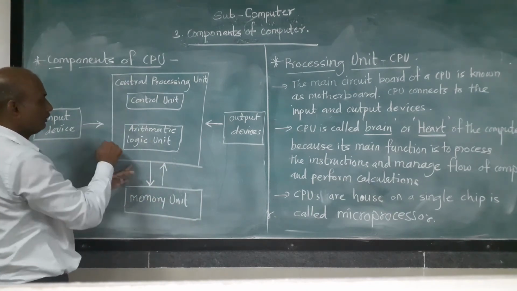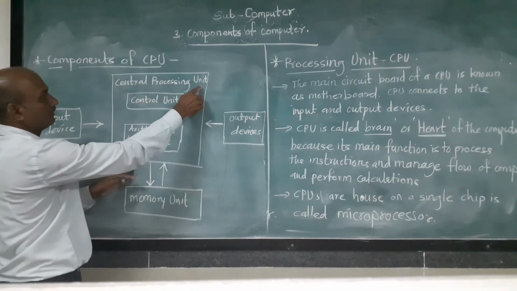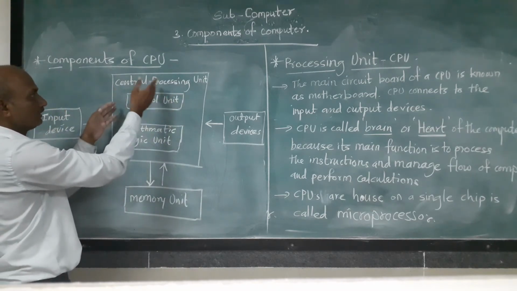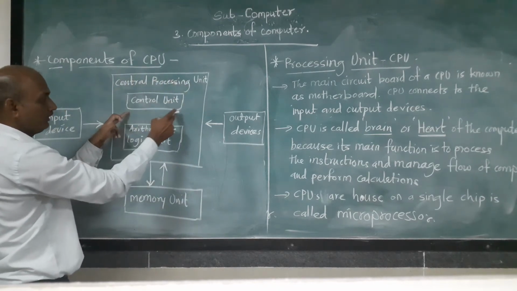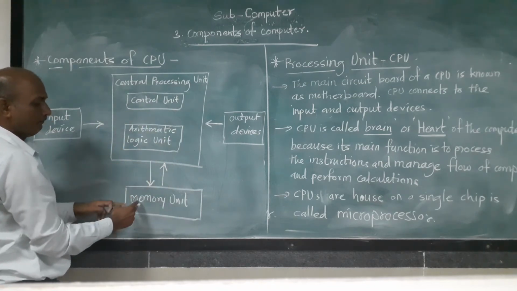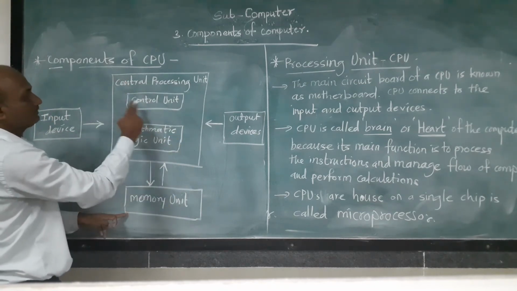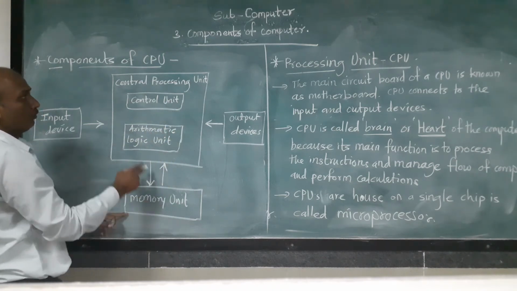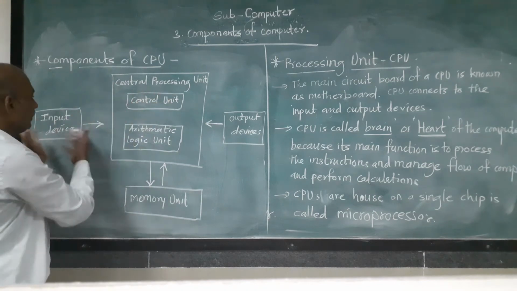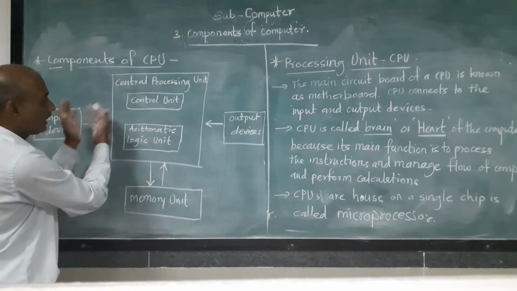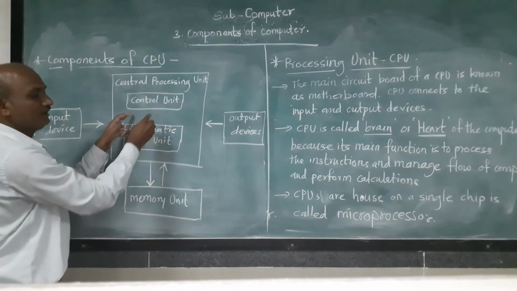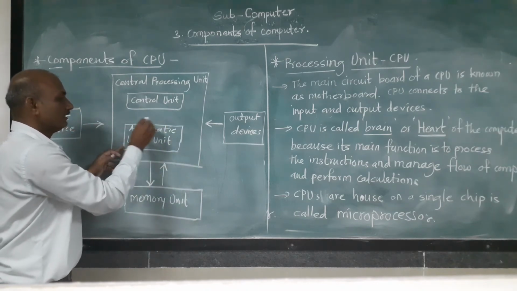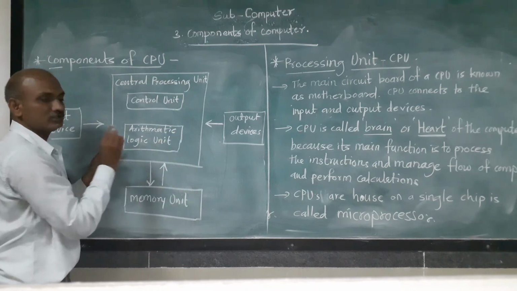Now, this is the CPU, the central processing unit. How does the CPU work? The CPU has a control unit, an arithmetic logic unit and a memory unit. The CPU accepts instructions or data from input devices and calculates.